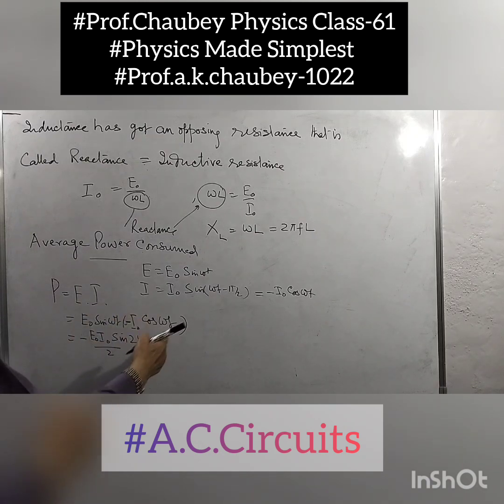Sin 2 omega t is twice sin omega t cos omega t. So E naught I naught sin omega t cos omega t is a minus E naught I naught divided by 2 sin 2 omega t, because that 2 cancels, then you get the same thing. So this represents the power, the E into I.